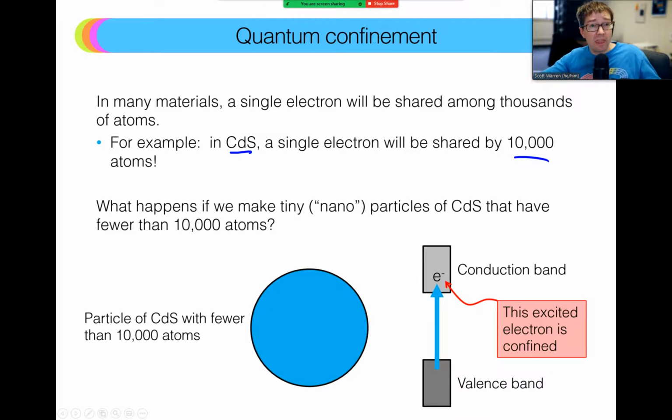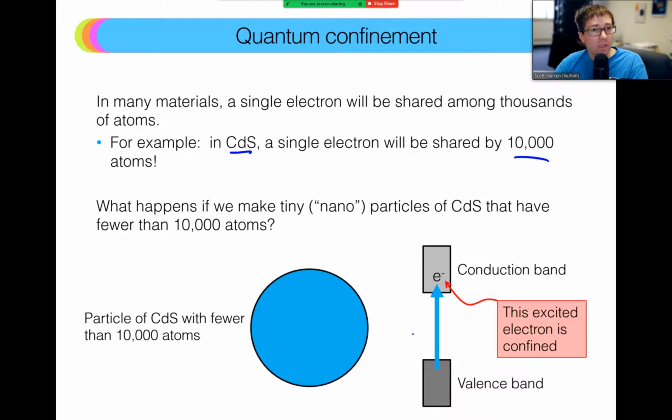So that electron is going to be confined. We would say then, if we confine that electron, we are going to destabilize that electron.